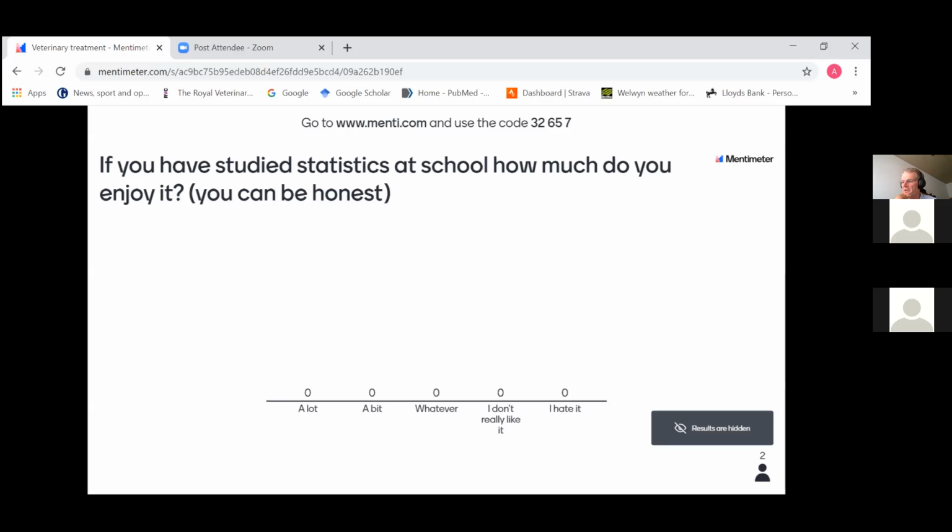The answers to this are completely anonymized, so this is not some sort of hidden test of how numerate you are, it's something I'm just genuinely interested in. You can be as honest as you like, and there's no reason to provide a deceptive answer. So we're into the 30s now. Oh, and there's something in the chat which I'll look at while people are voting.